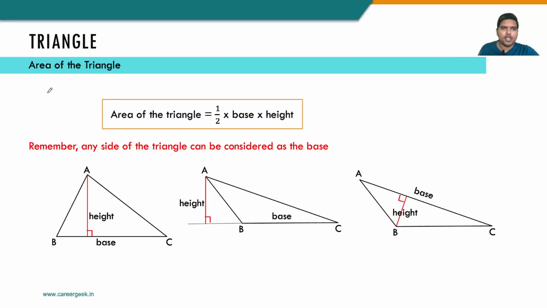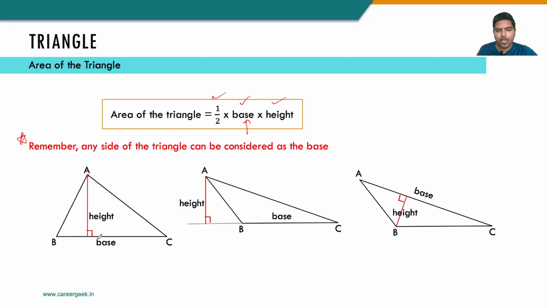Okay, the next concept is area of triangle. Most of you would know this already. Area of the triangle is half into base into height. Okay, in this, what is base and what is height? Any of the sides of the triangle can be base, and height will be the perpendicular dropped from the opposite vertex.